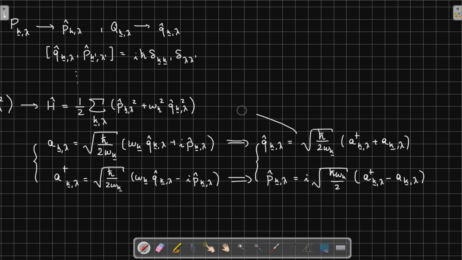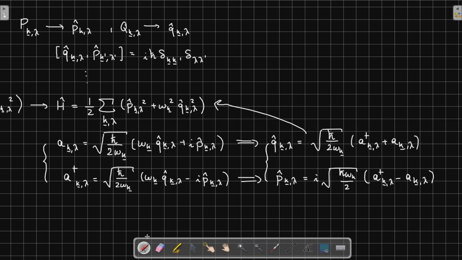So if I plug these into here, it should give me a new Hamiltonian, and it's quite easy to evaluate. For example, q_kλ squared, well, what will that be?